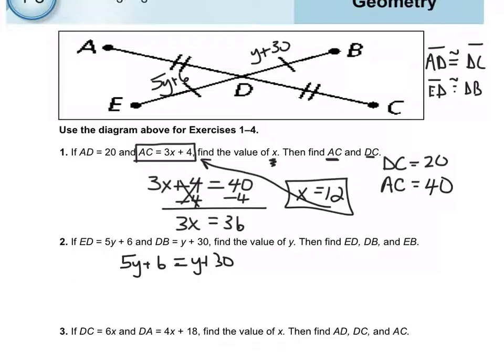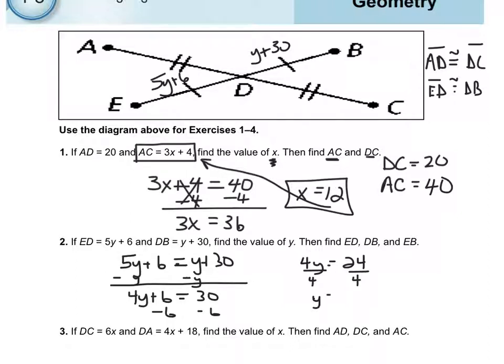And again, I want to get y by itself. So I'm going to move the y. I want to get all the y's to one side first. That's going to be 4y plus 6, and that's going to equal 30. Then I'm going to subtract 6 from both sides, and 4y is going to equal 24. And then I'm going to divide by 4, and y is going to be 6.